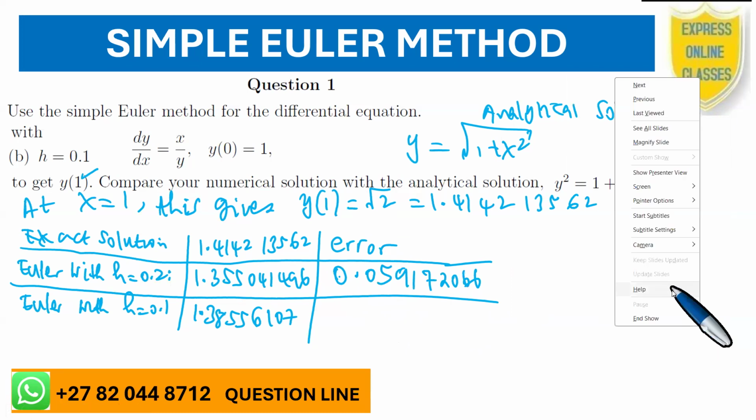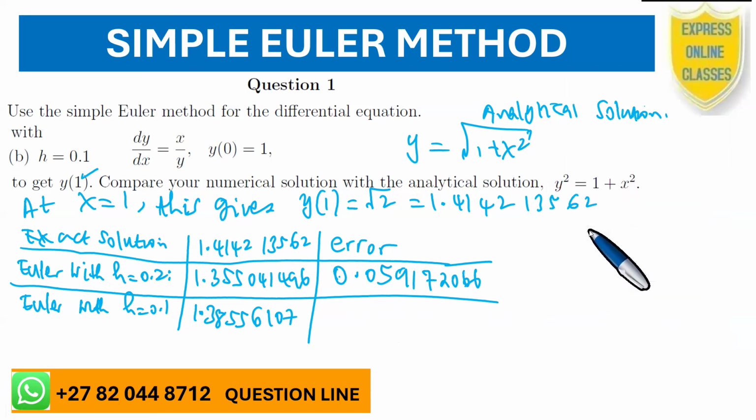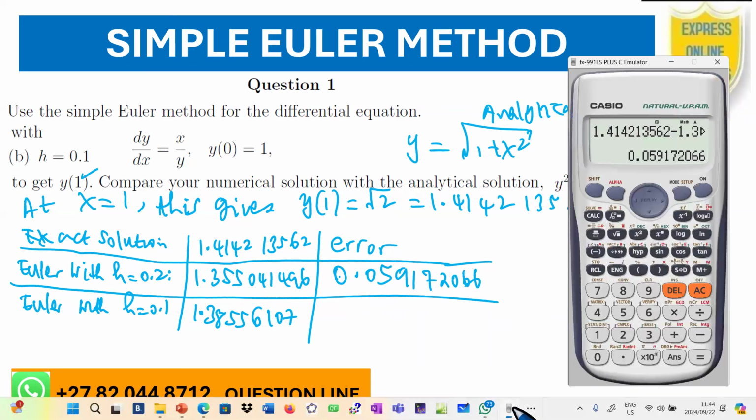And then now let's look at the error in the case of the second step size 0.1. We're going to take the accurate one. What is the exact solution?